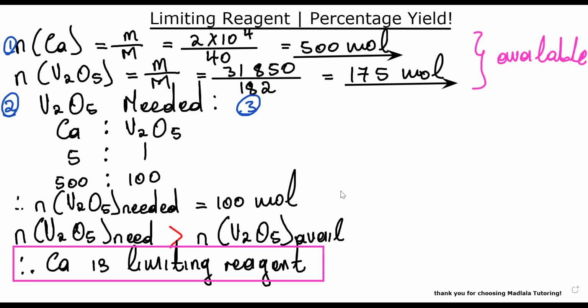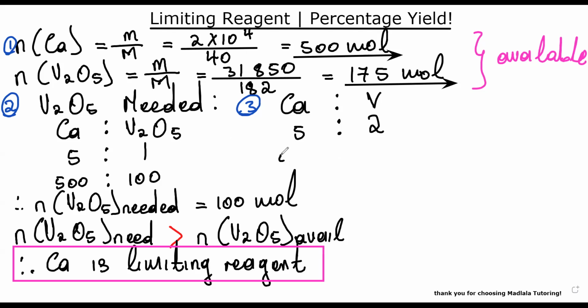Now, how do we do that? Well, we are just going to take calcium and react it with vanadium. And we can see that according to the balanced chemical equation, they react or relate in a 5:2 ratio.